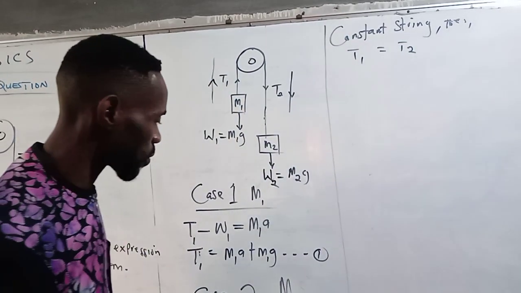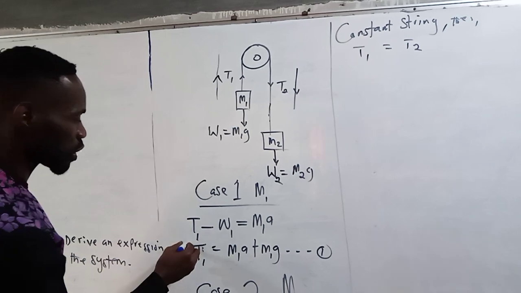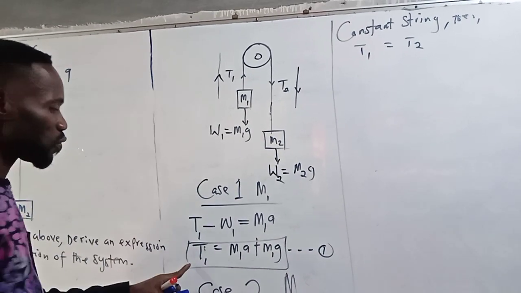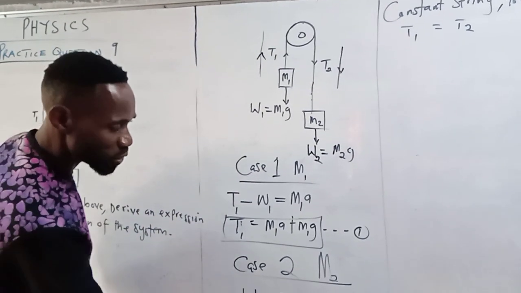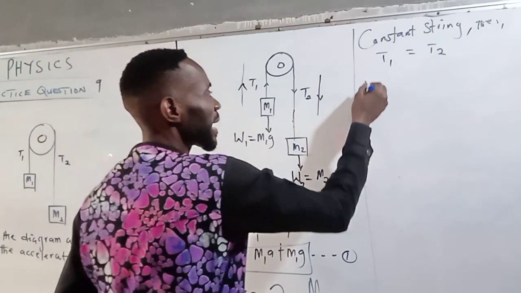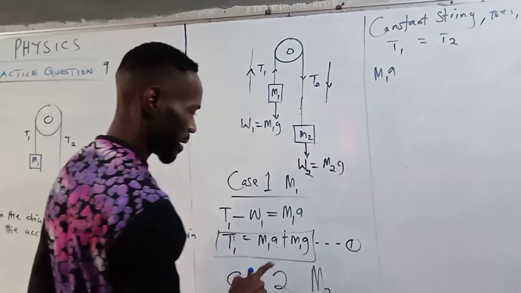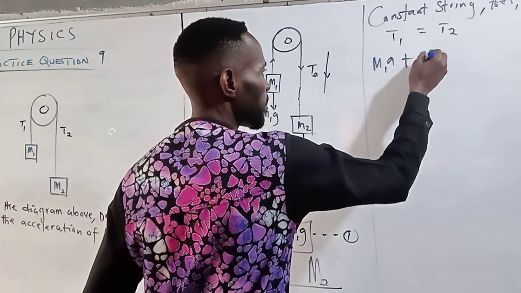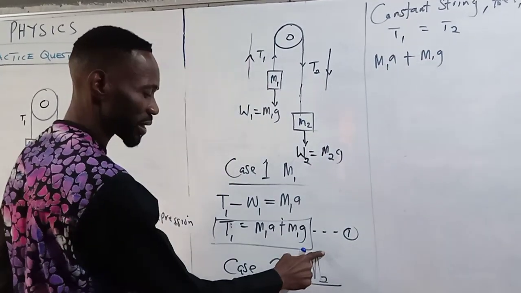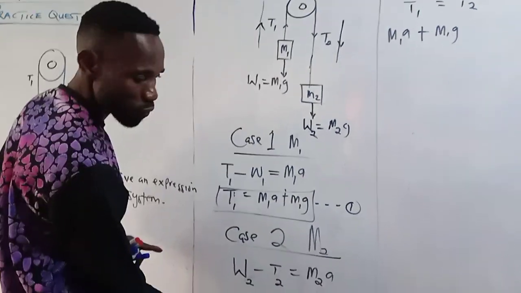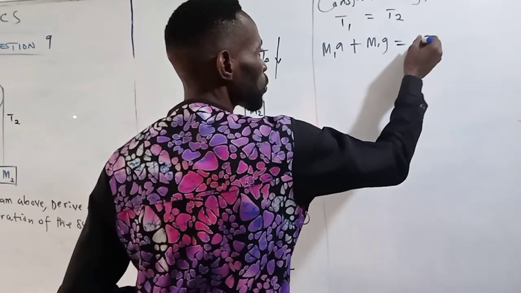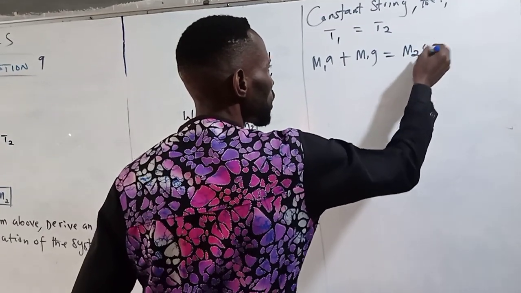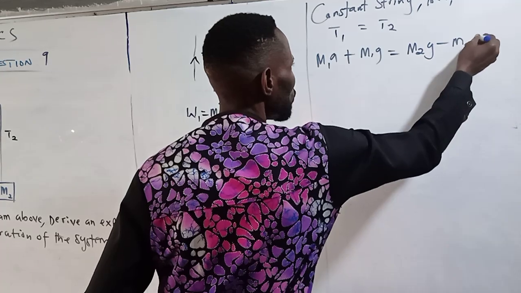So if T1 is equal to T2, in our equation 1, we have that T1 is equal to M1A plus M1G. And now we're saying that T1 is equal to T2. So it means that M1A plus M1G in equation 1 should be equal to T2, which is M2G minus M2A.